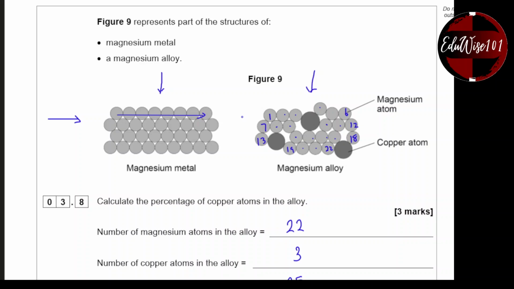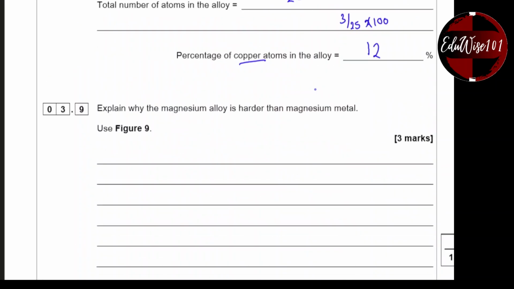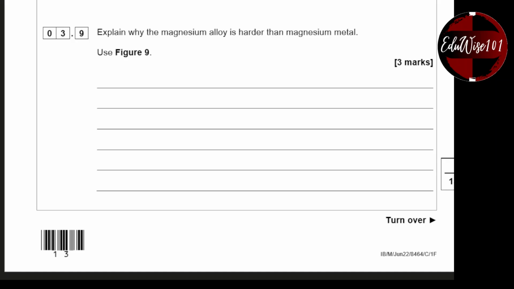Now, if you do the same thing for the magnesium alloy, because of the copper atoms, although it will try to push, these copper atoms will stop the layers from being pushed further, and that stops it from deforming. So it is harder because of this. How do you write the answer?